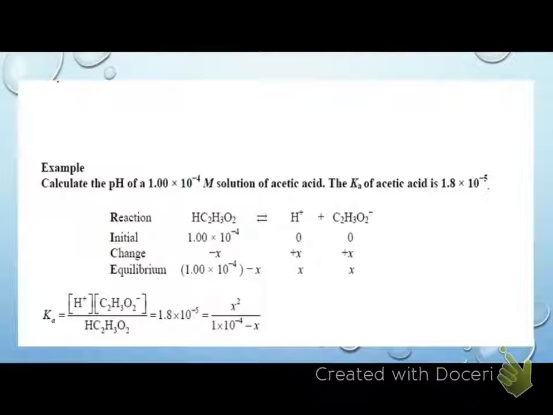It gives us our Ka value. Do your rice table, and this is what it should look like. Sometimes you will be able to neglect X, sometimes you will not, okay? But there's actually a fairly easy way to tell of when you can. So here is this. We do all the change and equilibrium and we plug it in.